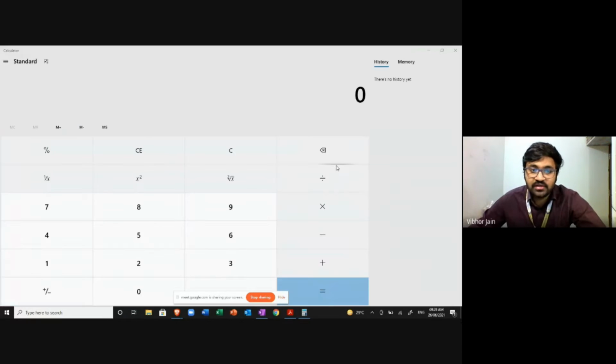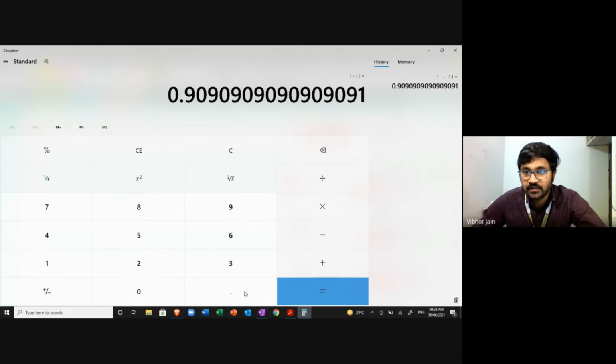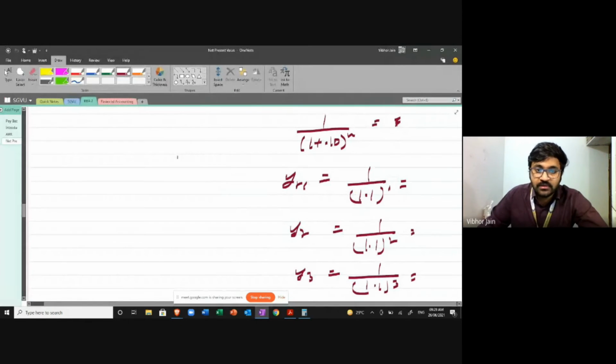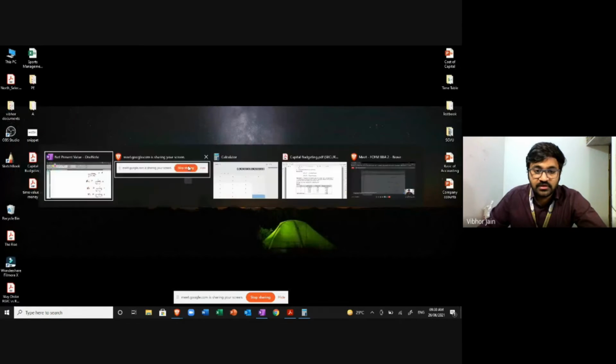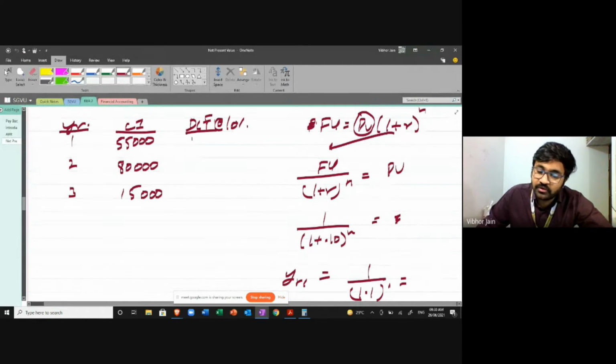Then I'll calculate this. I'll write 1 divided by 1.1, which is 0.9090. I'll use 0.909. So for year 1, it is 0.909.